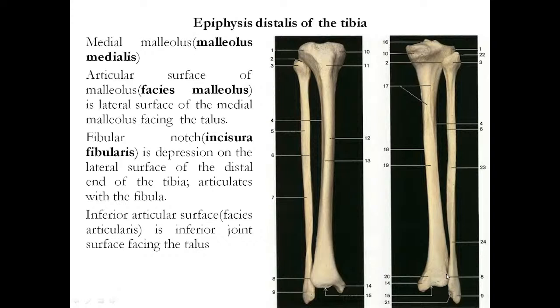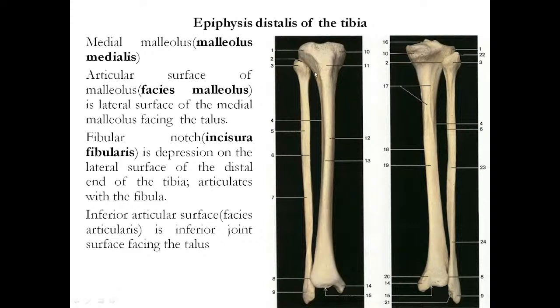It also has the fibular notch, incisura fibularis, a depression on the lateral surface of the distal end of the tibia that articulates with the fibula. The inferior articular surface, facies articularis inferior, is the inferior joint surface facing the talus.